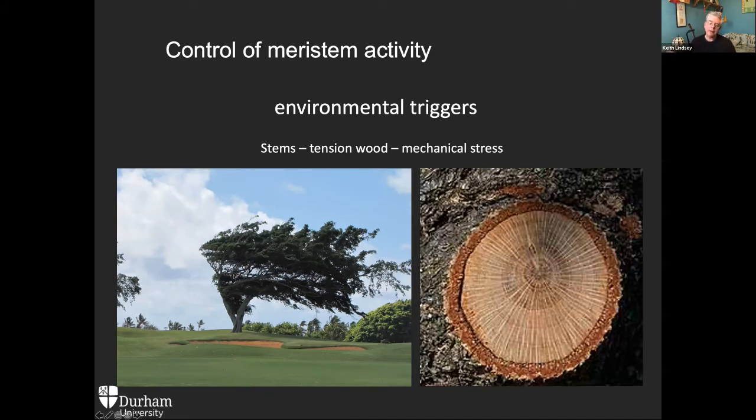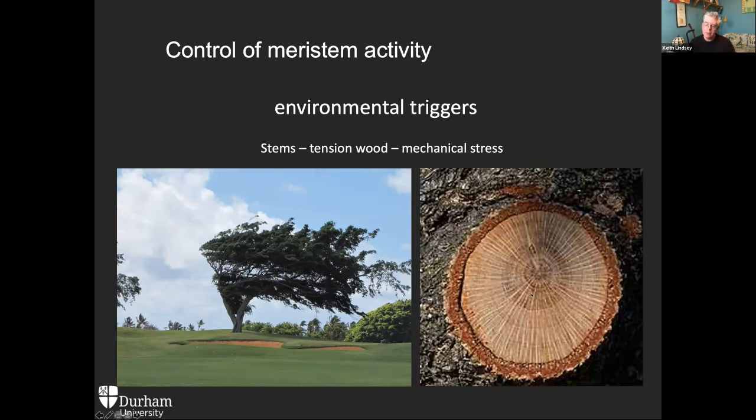It's actually a developmental response that's seen in the way in which the vascular cambium works. So you've got greater division and expansion of wood formation on one side and less on the other, which is associated with the mechanical force of wind over a period of years. So the environment's really important.